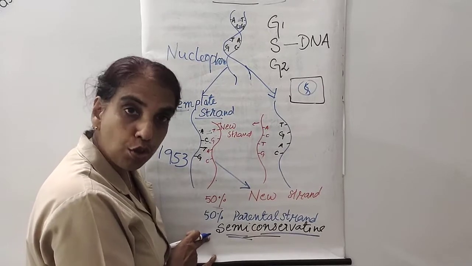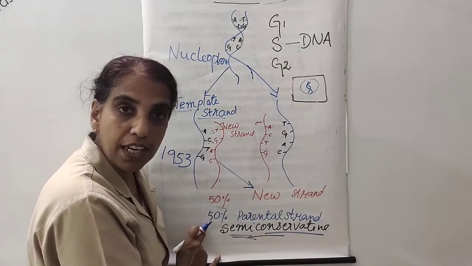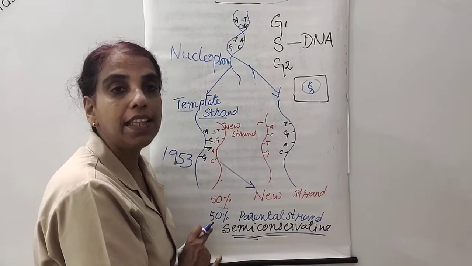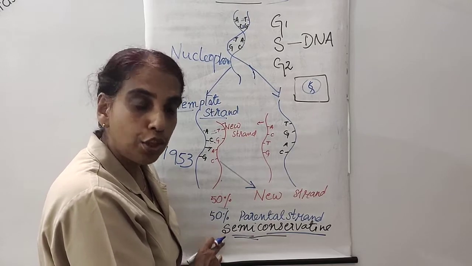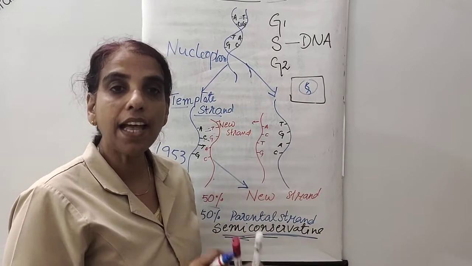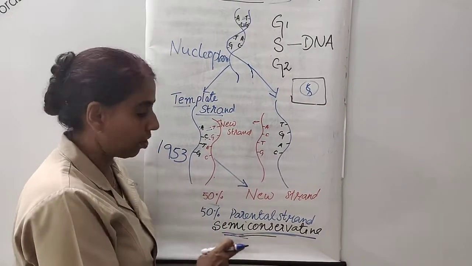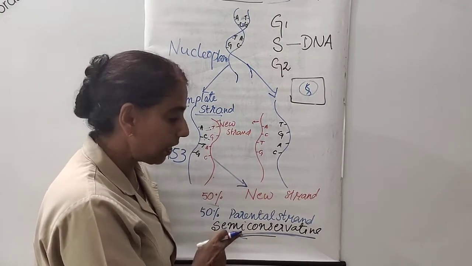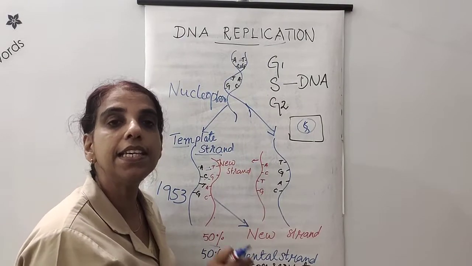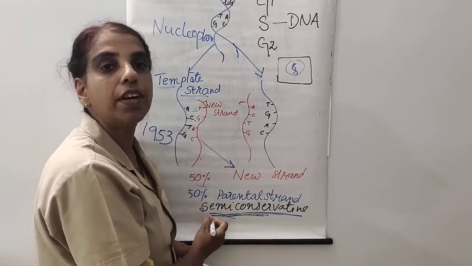They also added that these replicas will preserve 50% of their parental strand, and the other 50% will be the new strand. So you can confirm that this is nothing but a semi-conservative mode of replication. So we come to the conclusion that the type of replication of DNA is a semi-conservative mode of replication.